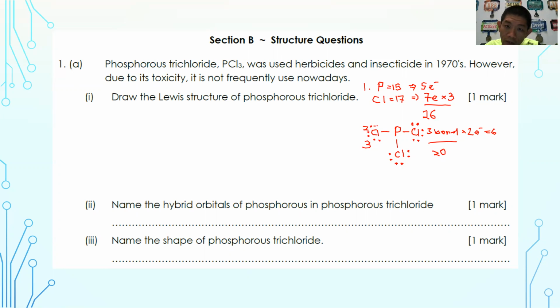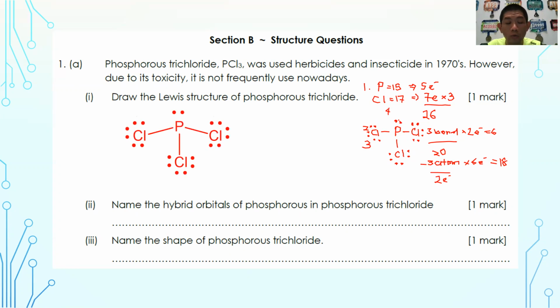If you look carefully, 1 atom has 6 surrounding electrons to become an octet. So 3 atoms multiplied by 6 electrons gives 18 electrons, so the remaining electrons will be 2. Where should you put them? At the last step, the 4th step, you put them at the center. So this is basically how PCl3 looks.